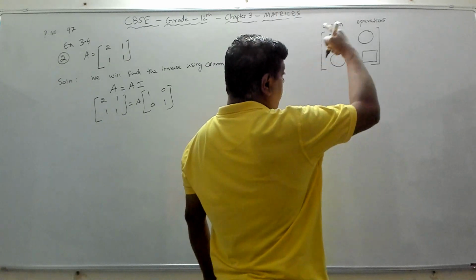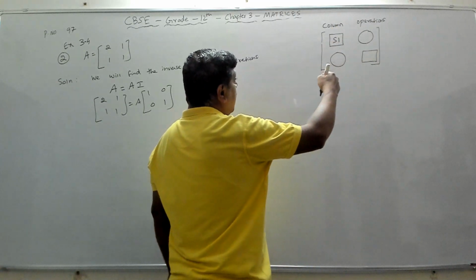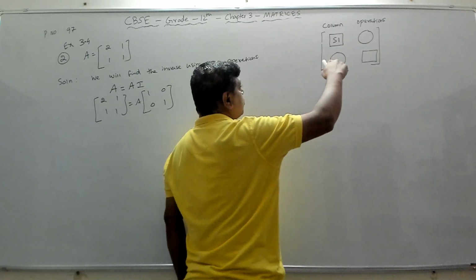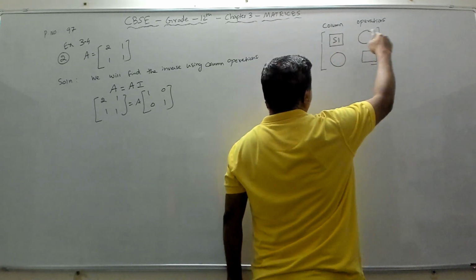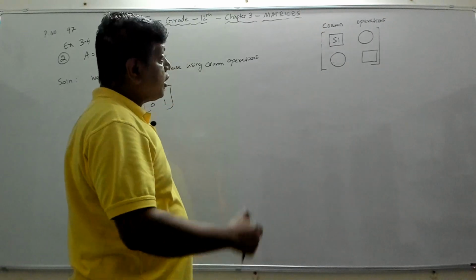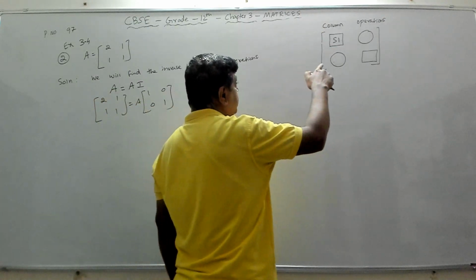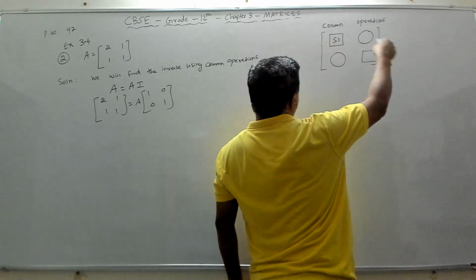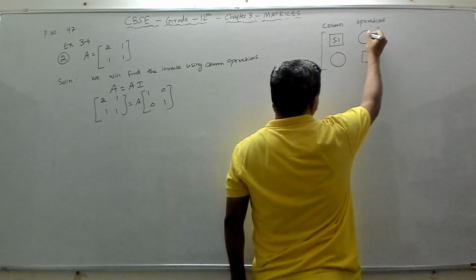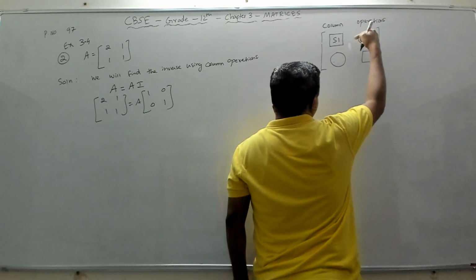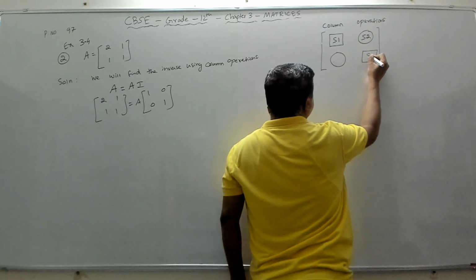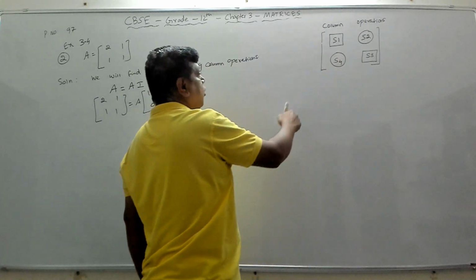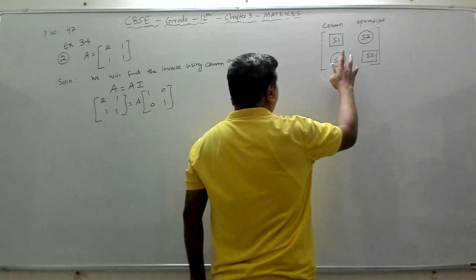Since we are applying column operations, after you make this 1, you have to make the remaining elements in that row 0. Then the second step is that this should become 0. The third step is that this should become 1. And the fourth step is that this should become 0. This is for your column operation.